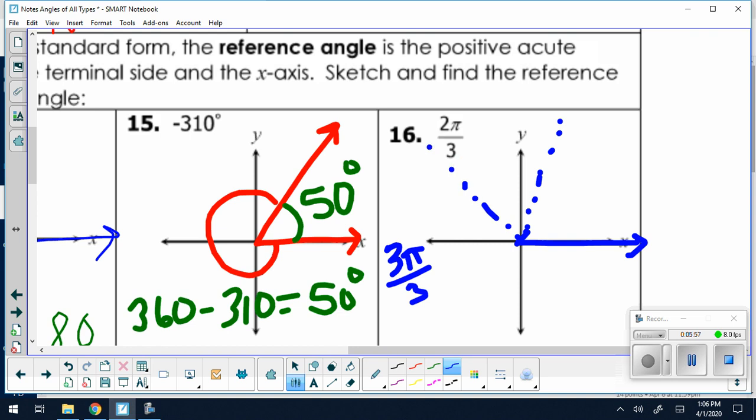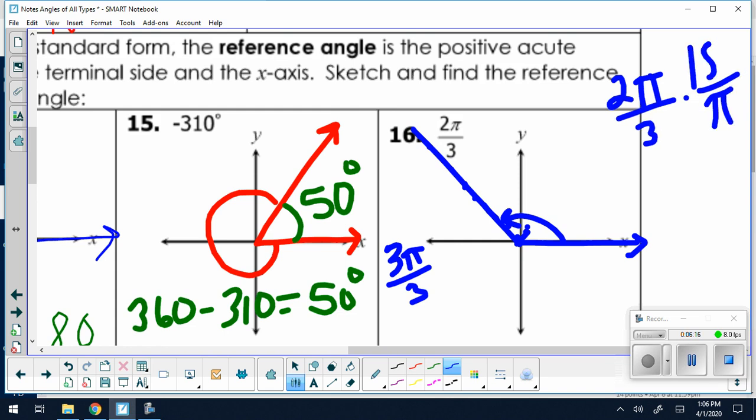But at any rate, 2 pi over 3 is in this quadrant here. We're going to talk more about those radian degrees. If you're really stuck, you know what you can do? Convert it. Do 2 pi over 3, and what you will end up with is 120. So if you really don't like working with the pi's, just convert it.